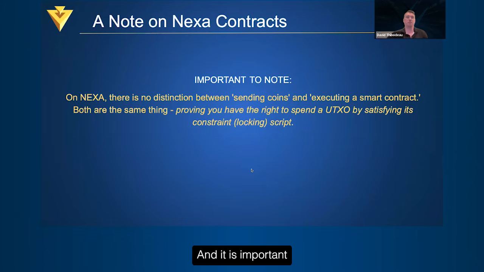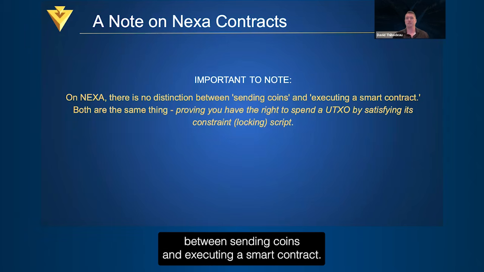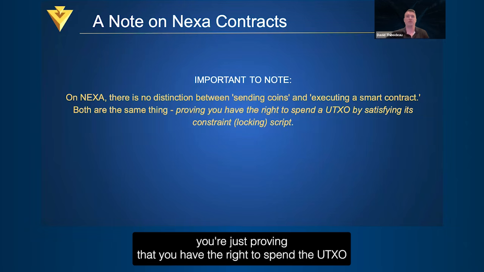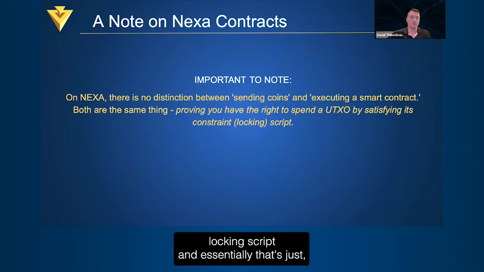That is the real world concept of a UTXO. And it is important to note that on Nexa, there is no real difference between sending coins and executing a smart contract. They're both the same thing, in essence. You're just proving that you have the right to spend a UTXO by satisfying the constraint or locking script.